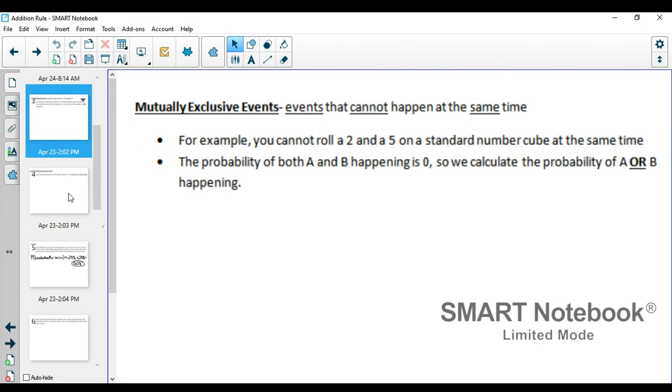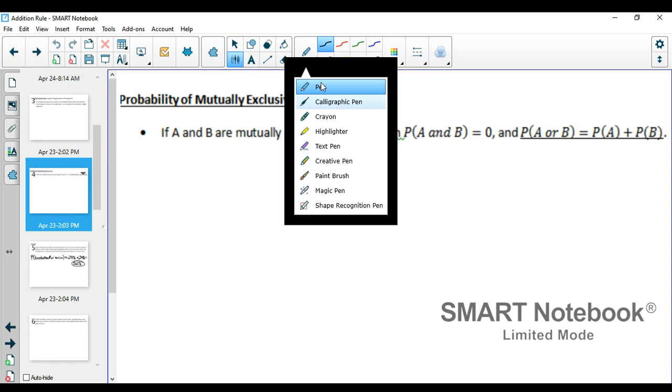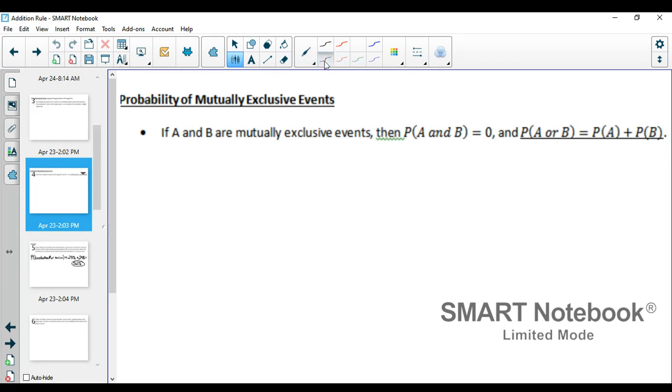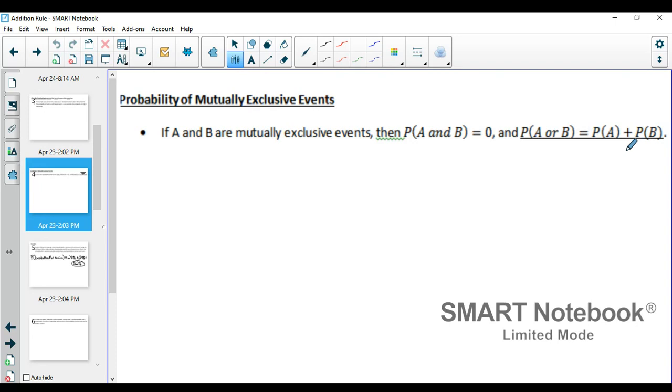So our first example, or nope, we still have the definition here. So what it looks like in terms of probability is if A and B are mutually exclusive events, then the probability of A and B equals 0, and then the probability of A or B equals the probability of A plus the probability of B.